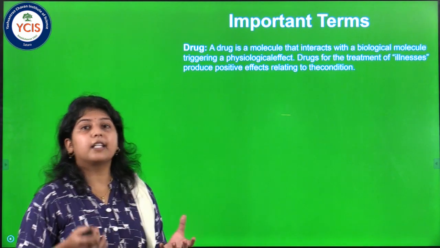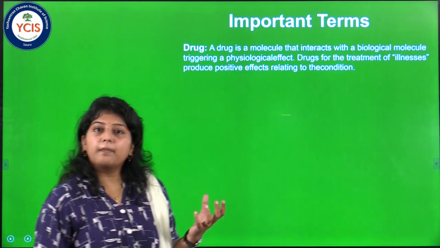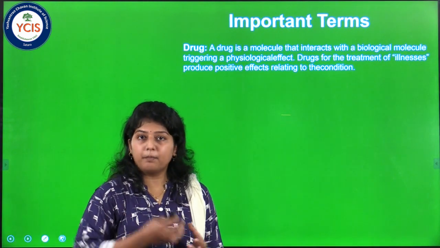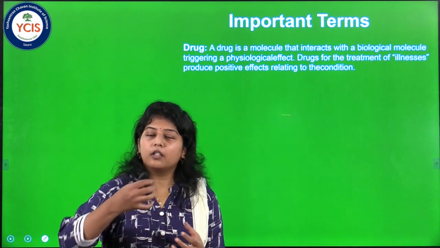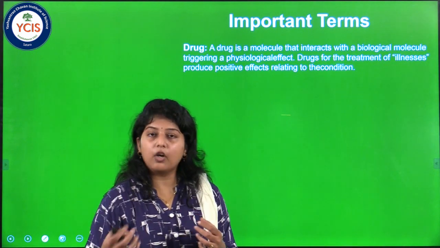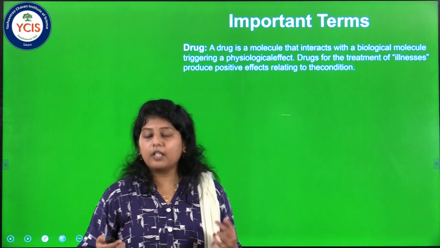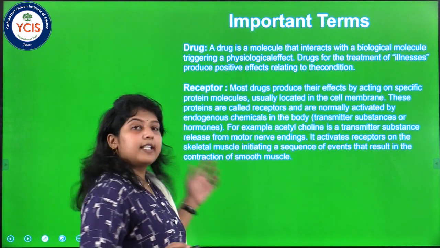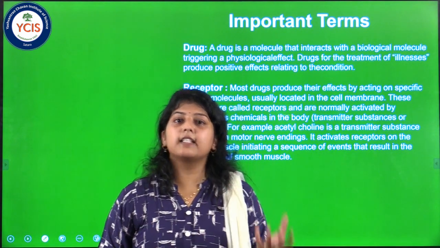A drug is basically a molecule that attaches itself to various biomolecules. Those biomolecules must be involved in some kind of disease development, and if we incorporate that drug into that individual or into that disease-causing cell or receptor, that condition has to be positively affected. So that is drug. The second is receptor. We know as life science students that every cell has a receptor on it.